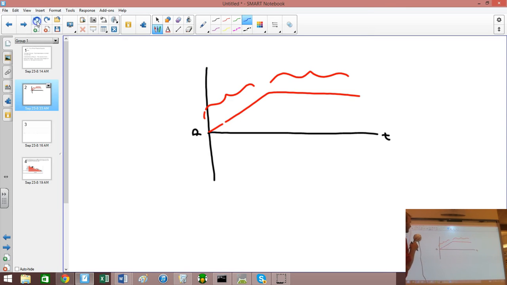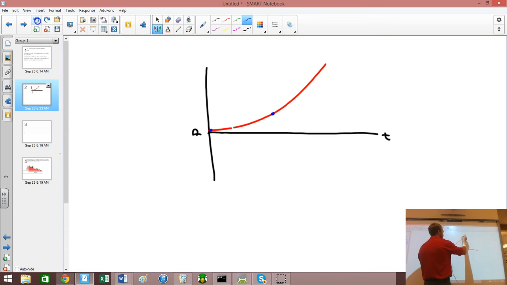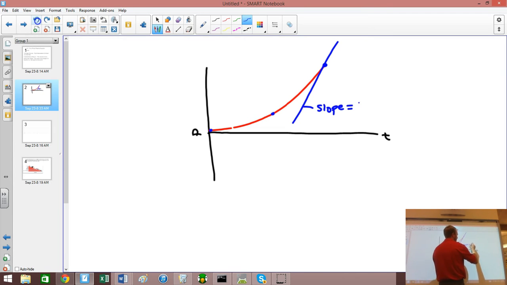But what if my position versus time graph was a little bit more complicated? What if it did something like this, where I'm getting faster and faster and faster? My speed right here is a lot different than my speed right here, which is even more different than my speed right there. Here's that tangent line. The slope of this tangent is equal to the instantaneous velocity.